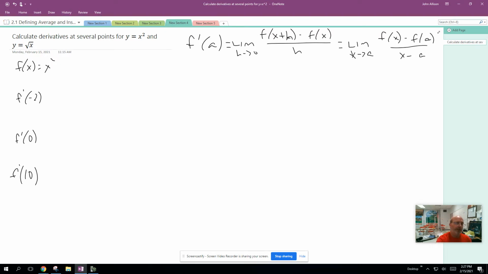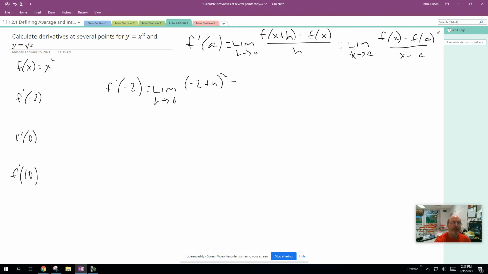So let's find f prime of -2 using both of those definitions. Let's find f prime of -2. So -2 is taking the place of a. So that's equal to the limit as h goes to 0 of f of x plus h. That is -2 plus h squared if f of x equals x squared.